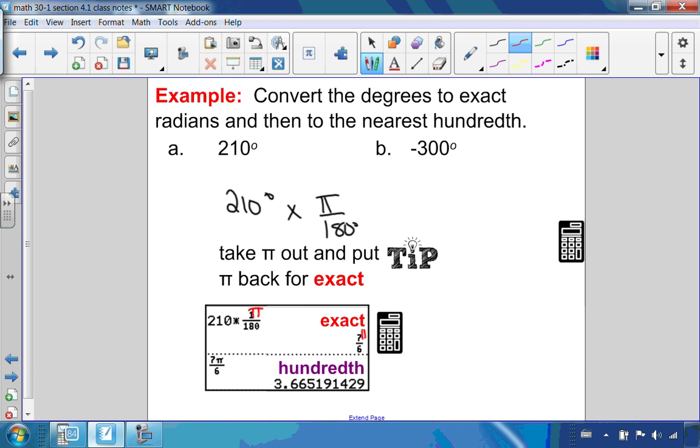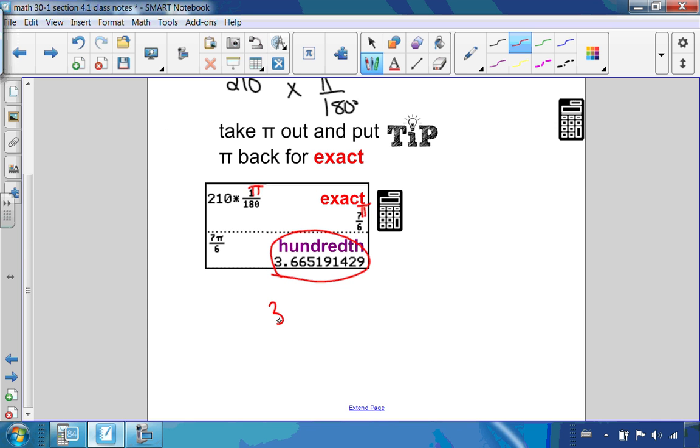So I see that that would be 7 pi over 6. As an exact radian, it would be 7 pi over 6. If I wanted it to the nearest hundredth, well, that was the number that I got on my calculator before: 3.66519, etc. So to the nearest hundredth, I would just say 3.67 radians.